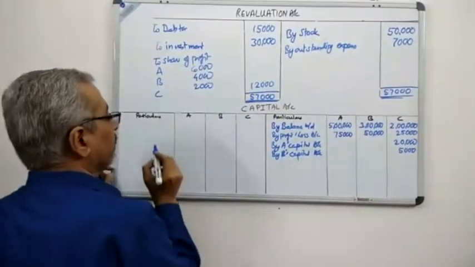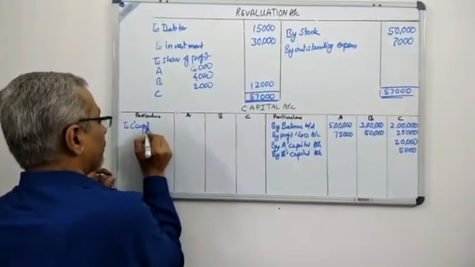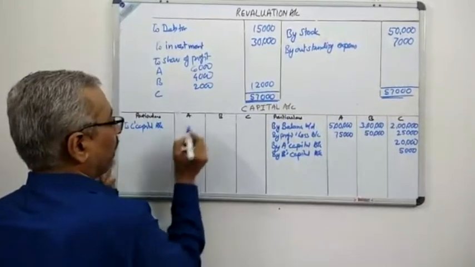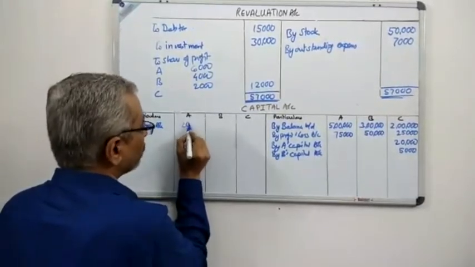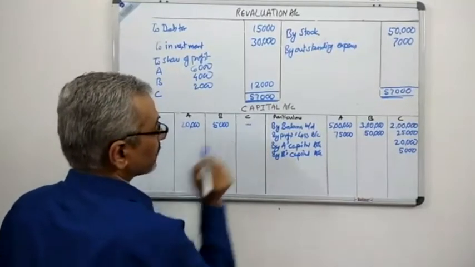The corresponding entry in the debit side will be written over there to C's capital account, and in A's account we write 20,000 and in B's account we write 5,000. C has retired.